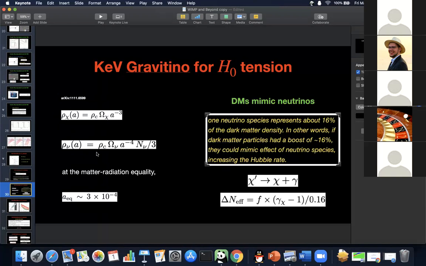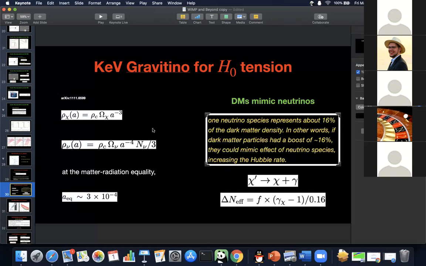At matter-radiation equality, the scale factor is around 10^-4. If we use this value to calculate these two densities, we find that one neutrino species represents about 16% of the dark matter density. In other words, if the dark matter particles have a boost of 16%, they could mimic the effects of a neutrino species and increase the Hubble rate.